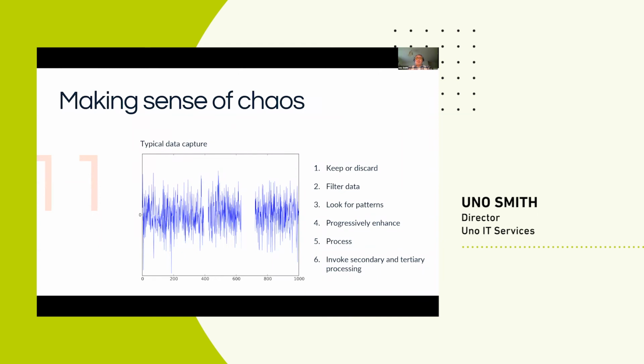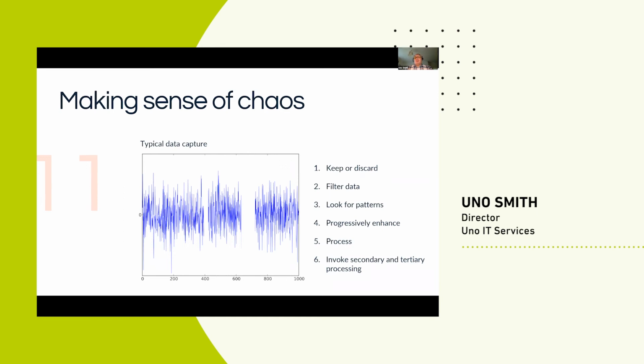Before we do anything with the data, we've got to make a few decisions, and that is, do we keep all of the data, or can we discard some of the data? That's not an obvious conversation to have in the beginning, because initially you keep everything, and then at some point, as you start to understand your systems and what the data means, you'll start throwing some of it away. It's just not practical to keep all of it. Most of it's noise.